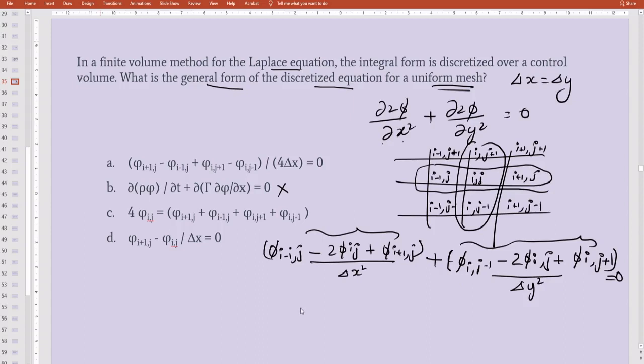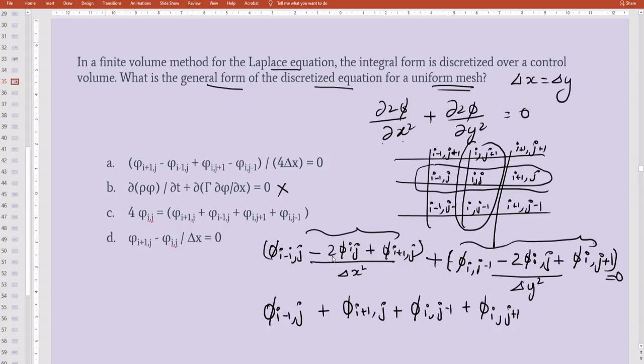Adding, it will become phi of i minus 1 comma j plus phi of i plus 1 comma j plus phi of i comma j minus 1 plus phi of i comma j plus 1.